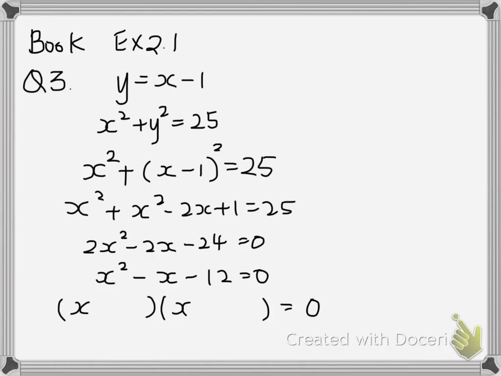Alright, so it would be 4 and 3. And since the sum is negative, the bigger one must be negative. Alright? So you get x equals 4 or x equals negative 3.